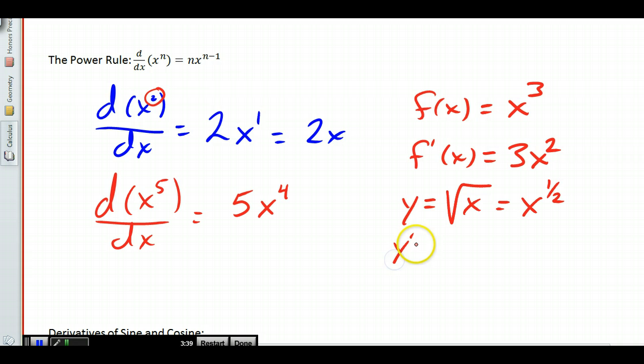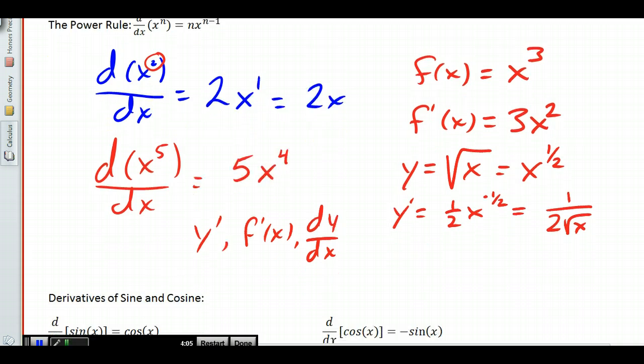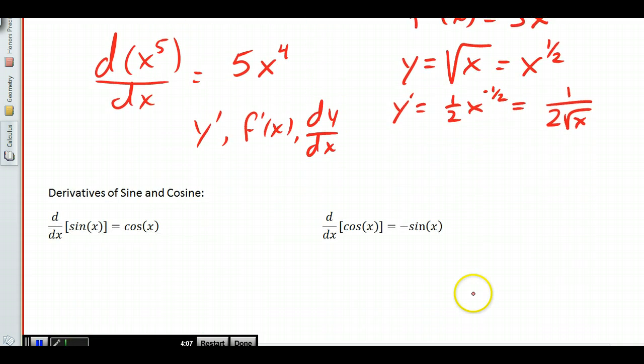So we can say y prime is 1/2 x to the negative 1/2. Remember that we subtract 1 from the exponent, and 1/2 minus 1 is negative 1/2. And you can write that as 1 over 2 root x. So y prime, f prime of x, and dy dx all mean the same thing, the derivative of y with respect to x.